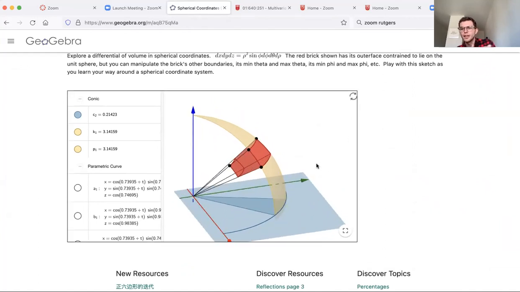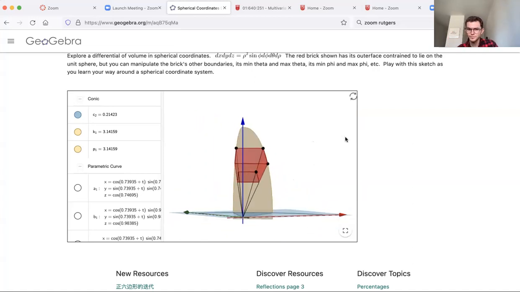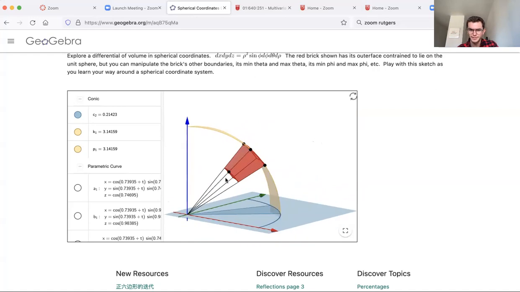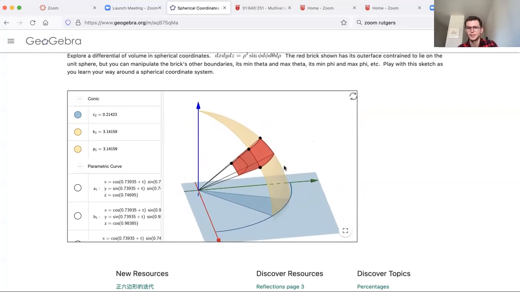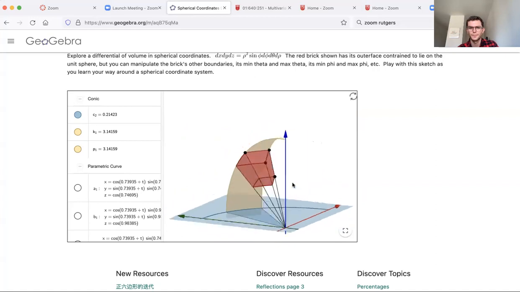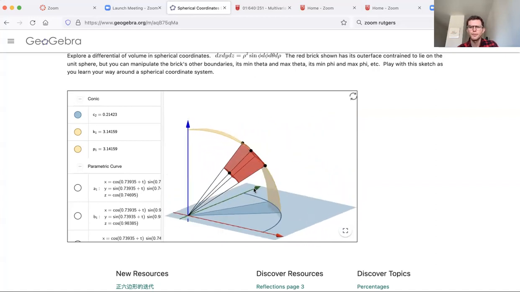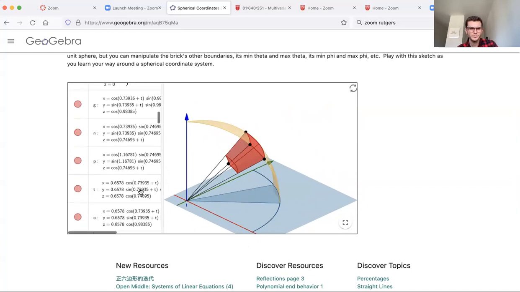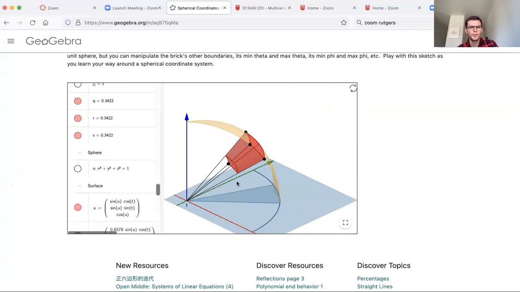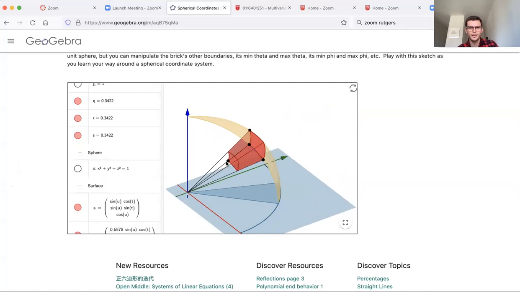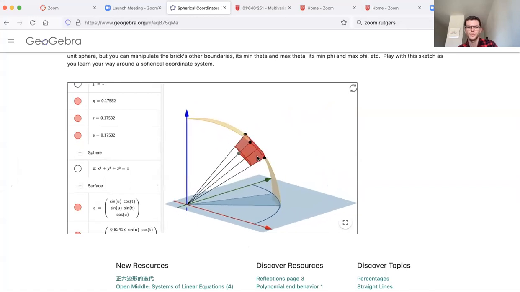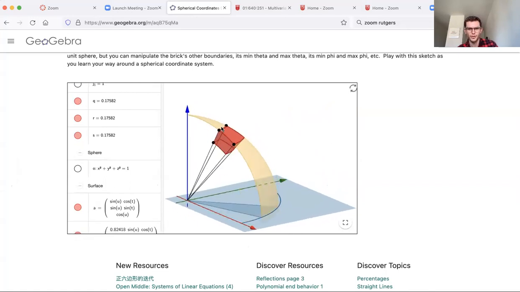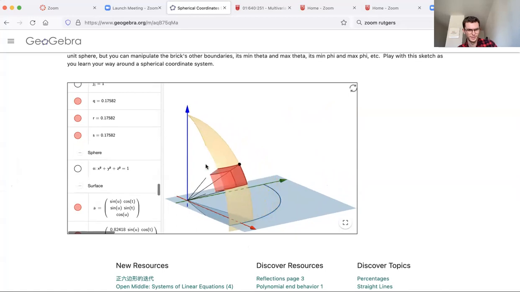You can find the pieces of volume in spherical coordinates. The pieces of volume will look like these yellow, these red pieces. I'll give you the formula for what that is in a second. They're cute, and there's a formula for them that one can find, which is fun to find.